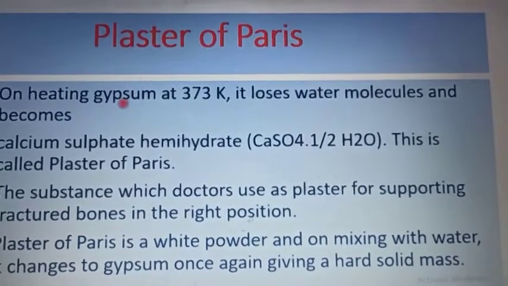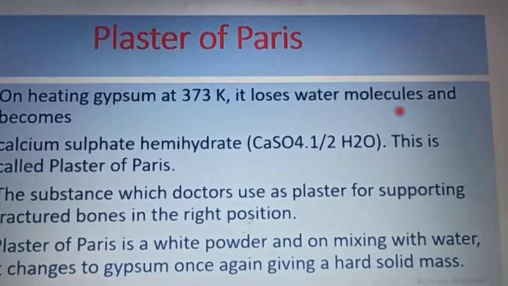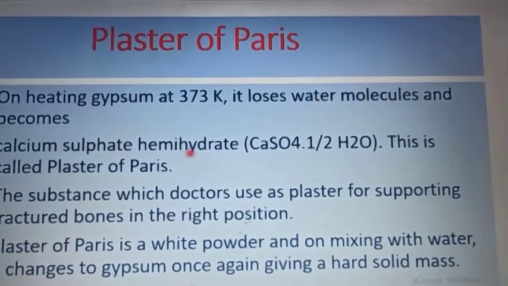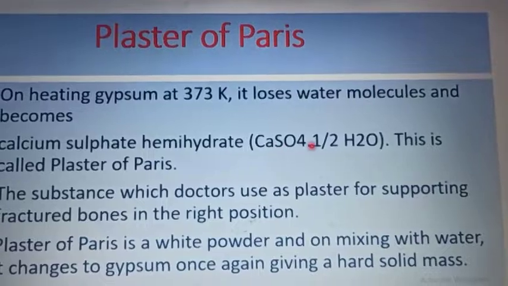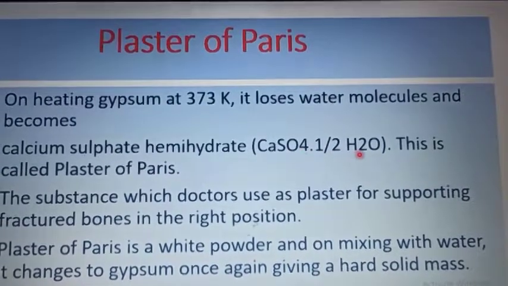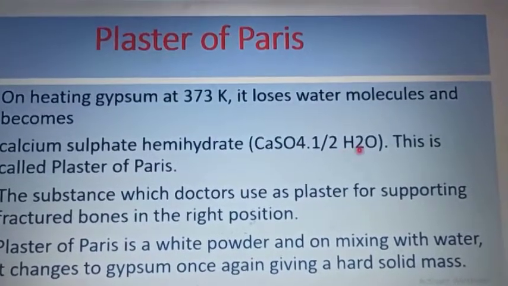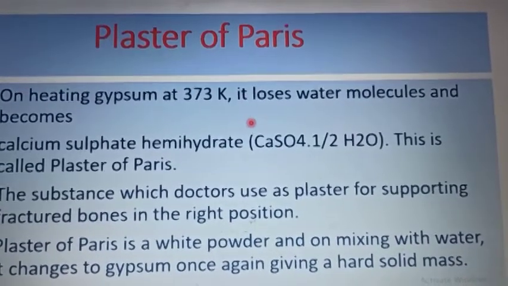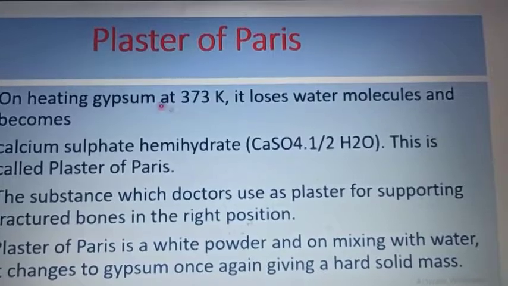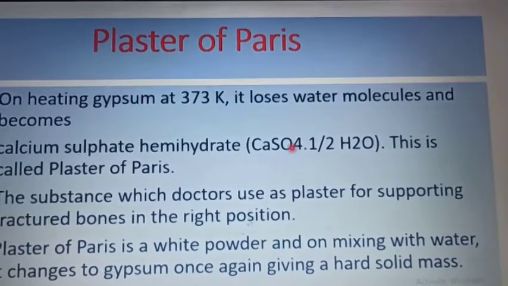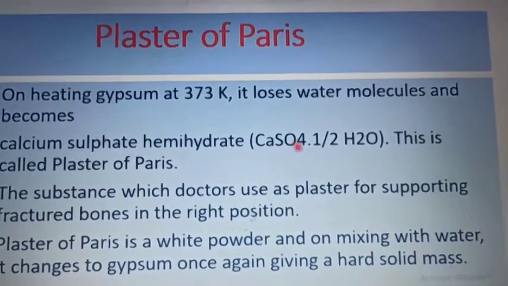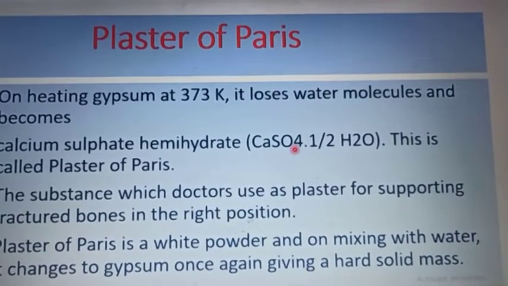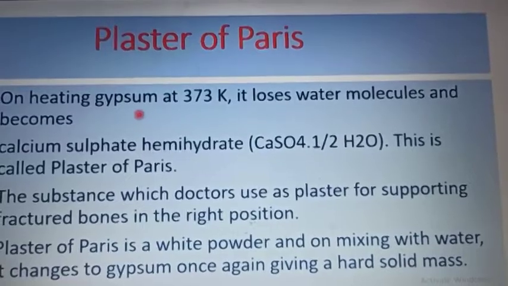And when gypsum is heated, it loses water molecules and becomes calcium sulfate hemihydrate, that is CaSO4.½H2O. This CaSO4.½H2O is plaster of Paris. So when gypsum is heated, it changes to plaster of Paris, and when plaster of Paris is mixed with water and kept, it becomes very hard, and that is gypsum.